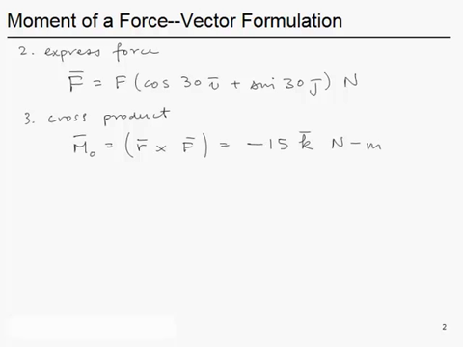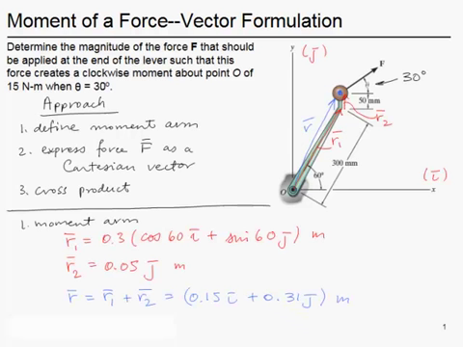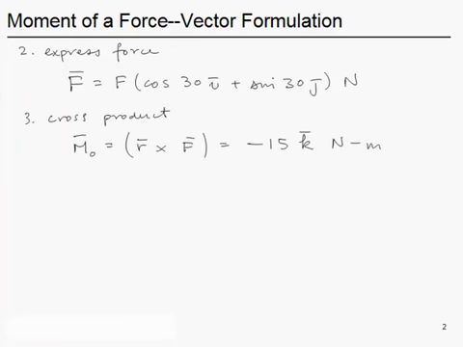So let me go back to the coordinate system quickly. We've got this right-handed system, so we're measuring positive directions for moments in the counterclockwise direction, and that means that since we're looking for a clockwise moment, we're going to use the negative sign there. It's going to be minus 15.